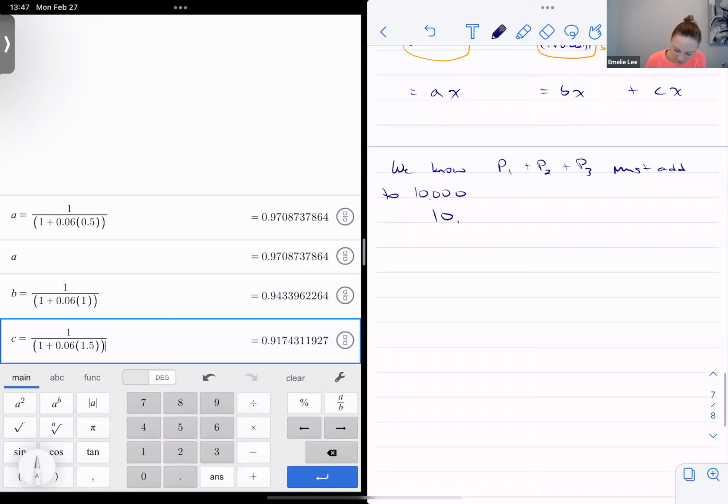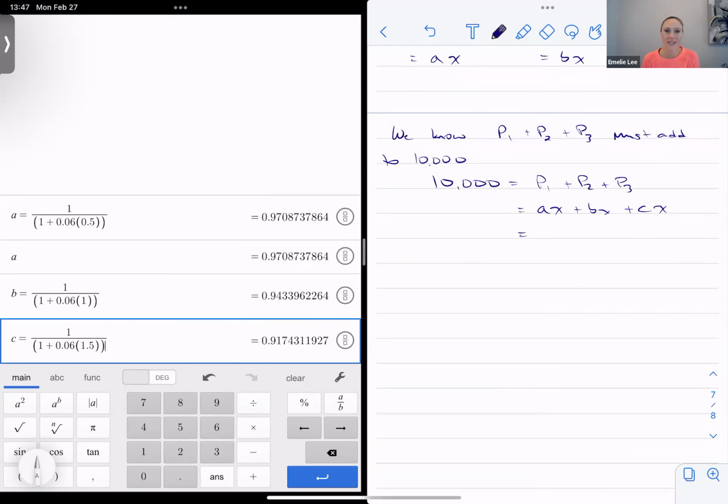So then what we're going to say is 10,000 is P1 plus P2 plus P3. I'm going to clean these notes up because I know they're going to end up huge. I'll clean them up before I post them. Which is the same as AX plus BX plus CX, which is what? I can pull out a common factor of X, right? And then I have A plus B plus C times X.